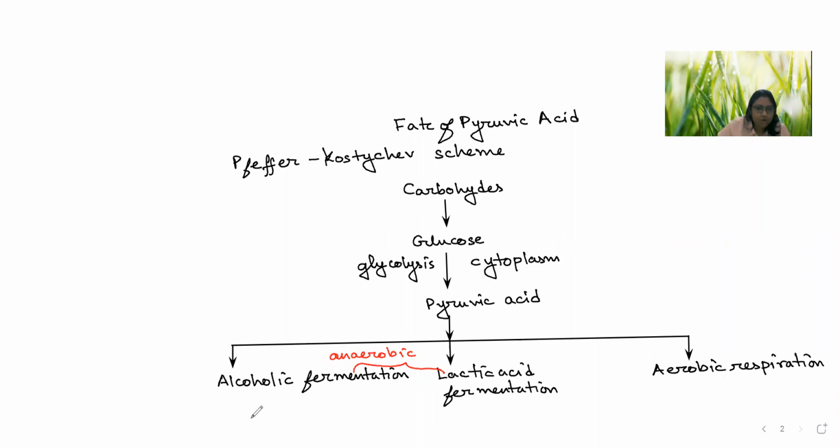In case of alcoholic fermentation, there will be production of ethanol, which has the formula C2H5OH, plus CO2 plus energy. And in case of lactic acid fermentation, there will be formation of C3H6O3, which is the formula of lactic acid, and energy.